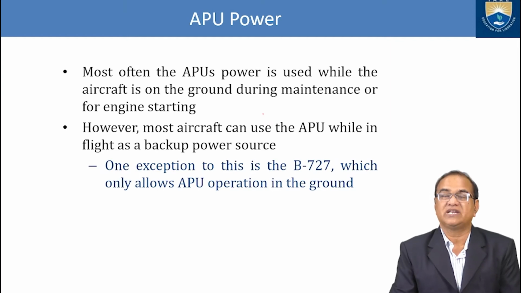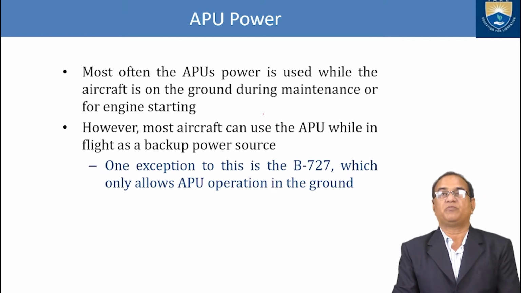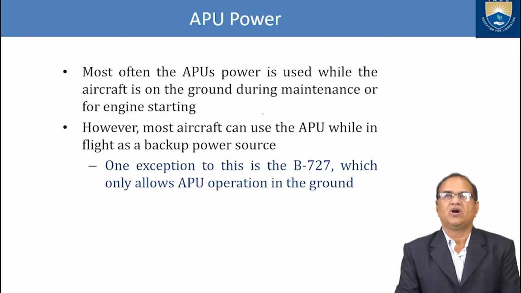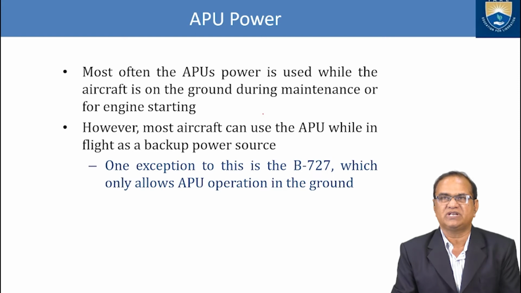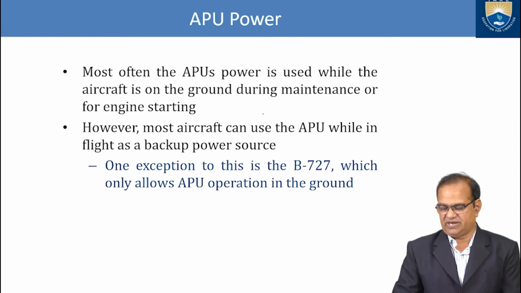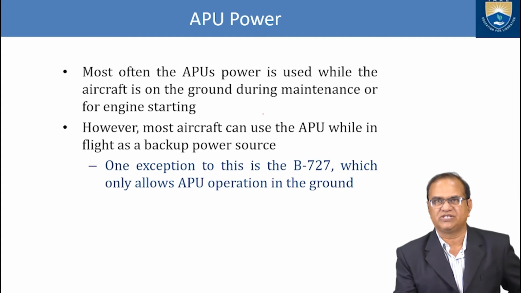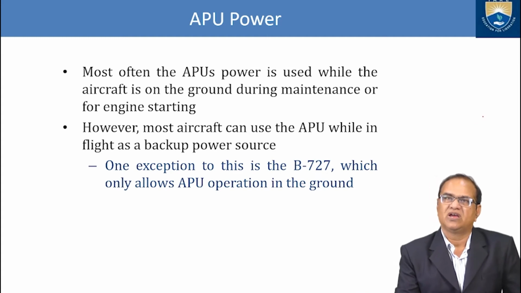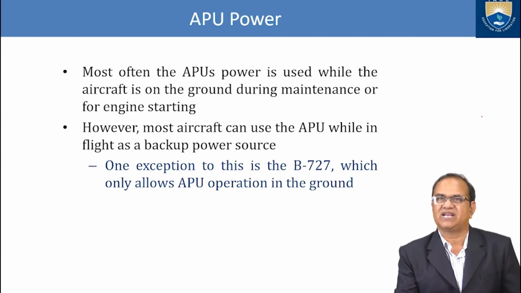Now, auxiliary power unit, APU power. How is this auxiliary power unit used? Most often, APU power is used while the aircraft is on the ground during maintenance or for engine starting. The APU is a small engine normally fixed on the vertical tail.